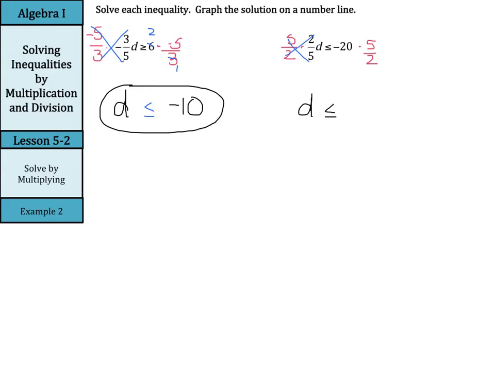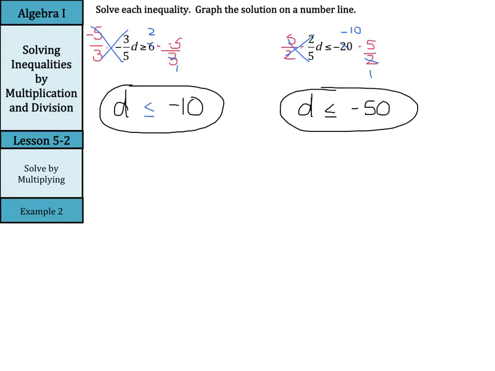But look at what's being multiplied on both sides. The 5/2 that we're multiplying on both sides is positive, so there is no need to reverse the inequality. So we're going to keep it less than or equal to. Let's go ahead and cross simplify here. And negative 10 times 5 is negative 50.